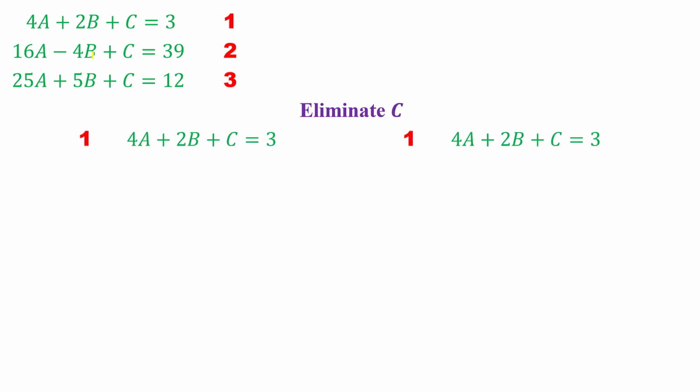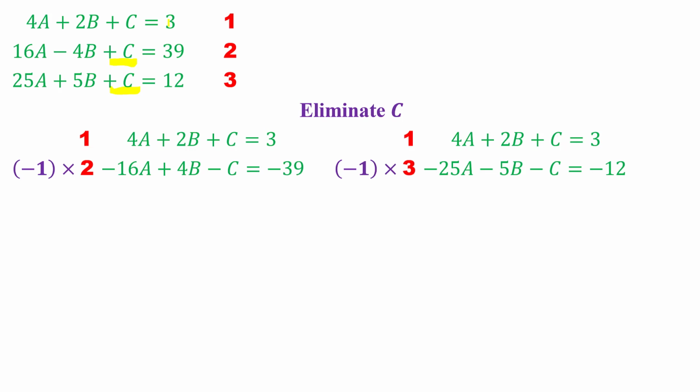So we can go ahead and write equation 1 down. Note that for equations 2 and 3, to eliminate c in each of those, I'm going to need to multiply the equation by -1. And so we have -1 times equation 2 is equal to -16a + 4b - c = -39. -1 times equation 3 would be -25a - 5b - c = -12.